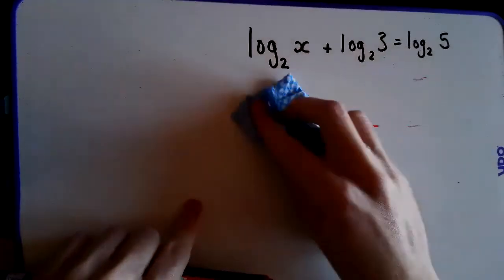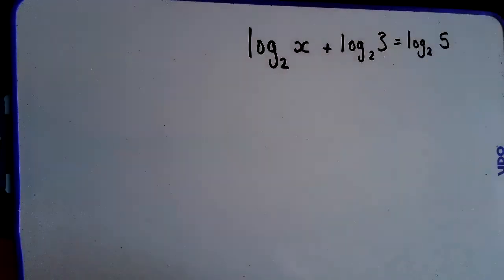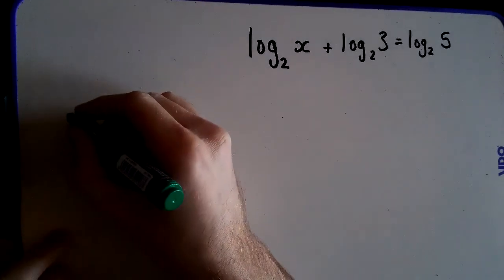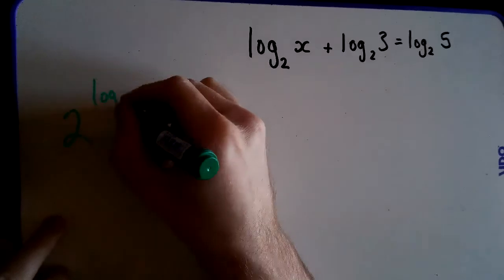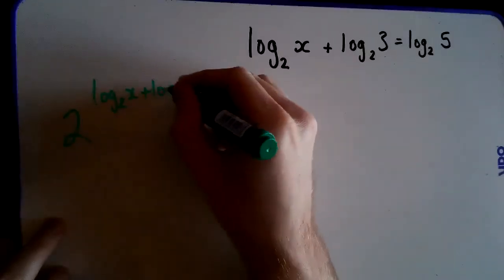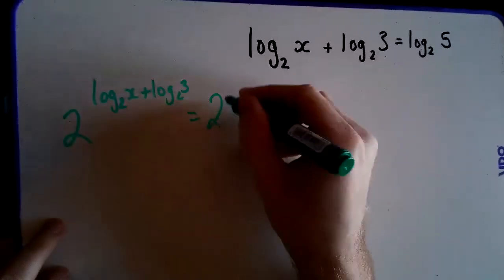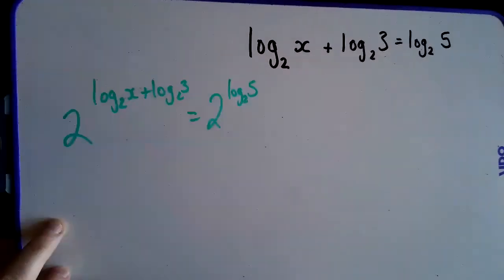So I'm not allowed to get rid of logs individually. I'll do this in green, because it's a quicker way: I could do 2 to the power of this side equals 2 to the power of this side.